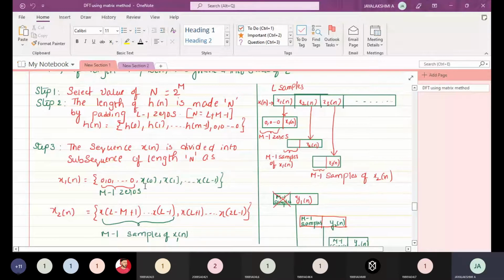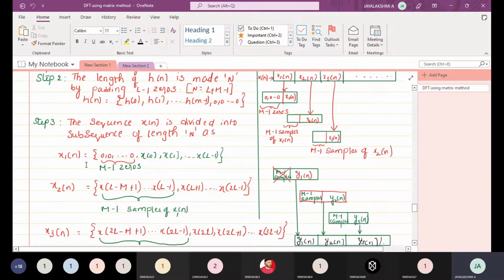But when the long duration sequence x of n is divided into subsequences x1 of n, x2 of n, x3 of n, before each subsequence we have to pad m minus 1 zeros. M minus 1 zeros are padded in the x1 of n sequence, and later we write the samples of x of n: x of 0, x of 1, up to x of L minus 1.